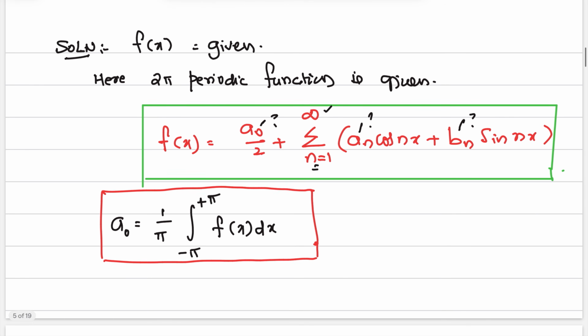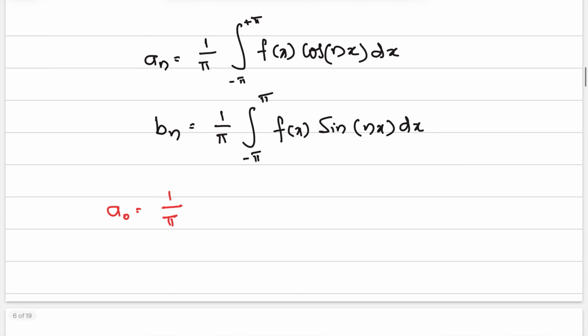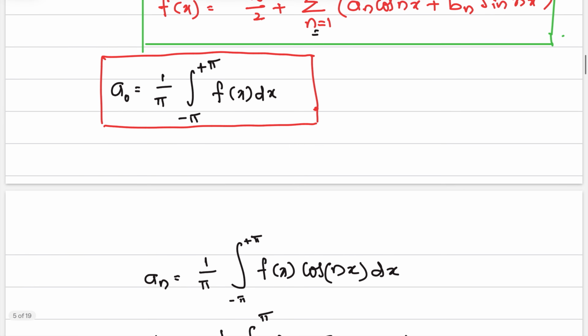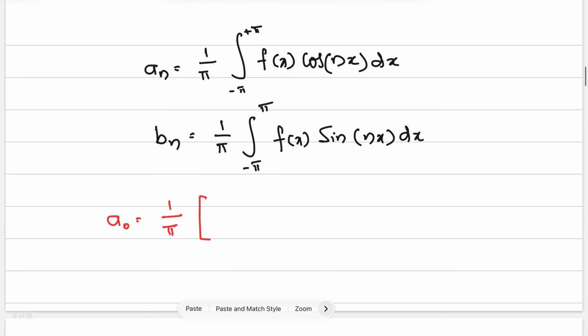What is function x? Function x is equal to A0 by 2 plus summation n is equal to 1 to infinity, An cos nx plus Bn sin nx. Now we are finding A0 for this particular problem. A0 is equal to 1 by pi into integral minus pi to plus pi function x dx. Here, what is given between minus pi to plus pi?